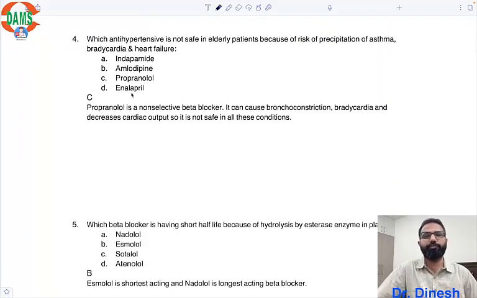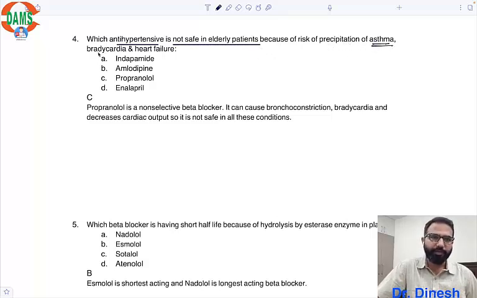Then comes question number 4. Which antihypertensive drug is not safe in elderly patients because of the risk of precipitation of asthma, bradycardia, and heart failure?